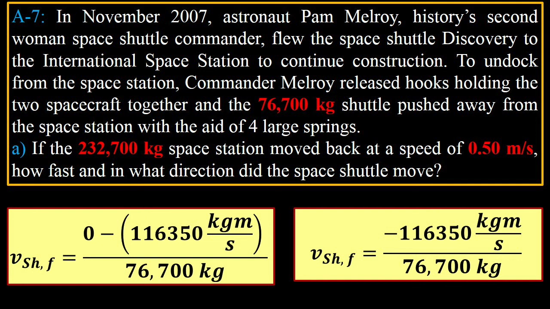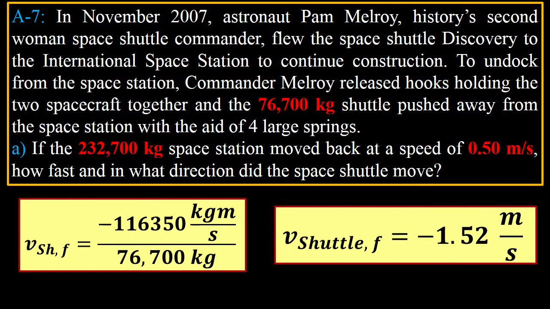That makes sense, because the velocity of the station is considered positive, and the opposite has to be negative. So the mathematics is consistent with the physics. It's 116,350 divided by 76,700, which is negative 1.52 meters per second.